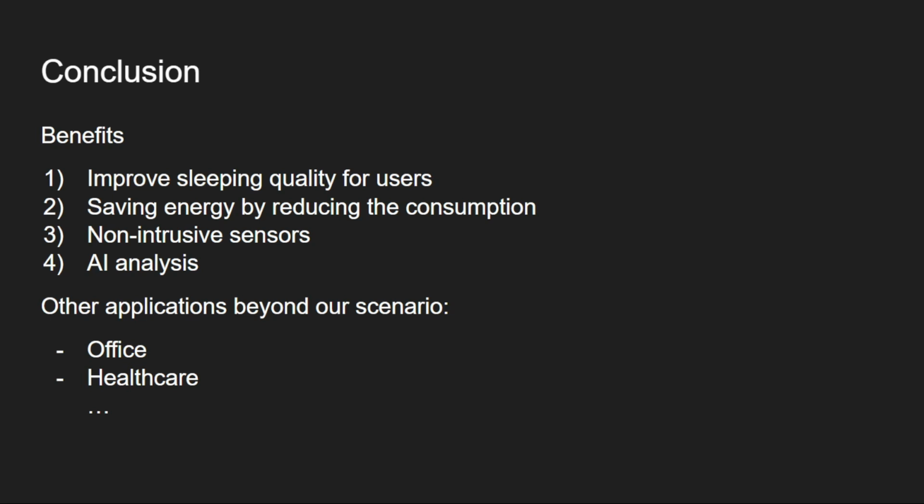The principles underlying our adaptive temperature control system have the potential to transform climate management in various settings, offering personalized comfort while prioritizing energy conservation. From office spaces to healthcare facilities, the application of our IoT solution extends far beyond just the smart home, showcasing the transformative power of technology in creating sustainable, comfortable environments.